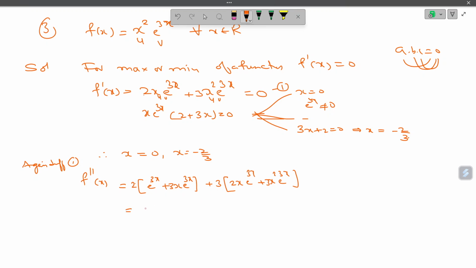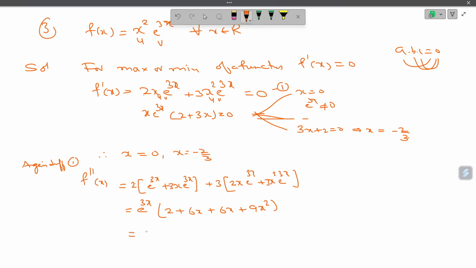Now you see everywhere e to the power of 3x is there. First, take e to the power of 3x outside, so we will not be confused. So e to the power of 3x, if you take, 2 is left. 2 times 3 is 6x. 2 times 3 is 6x. 3 times 3 is 9x square.